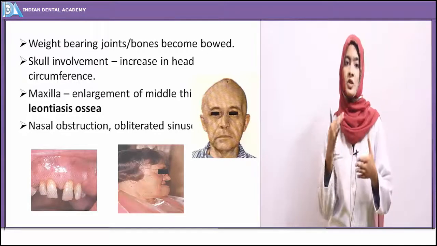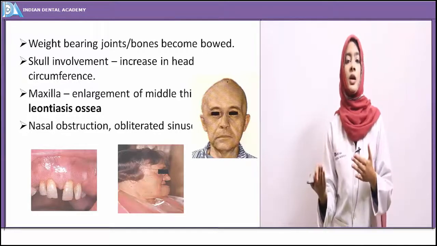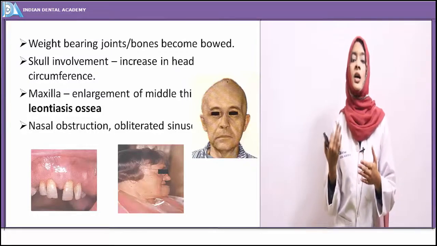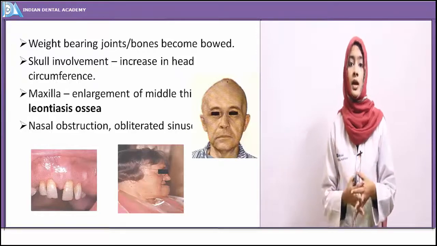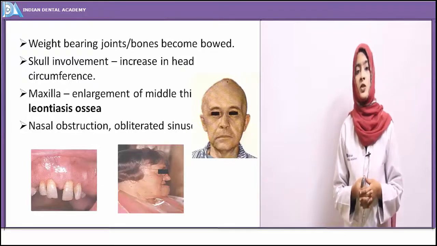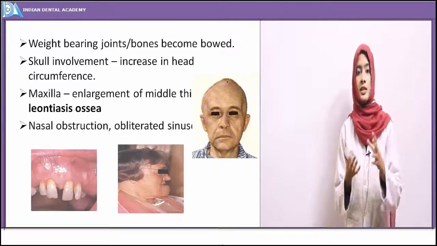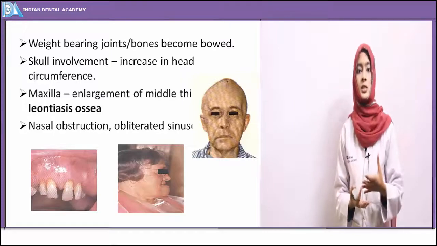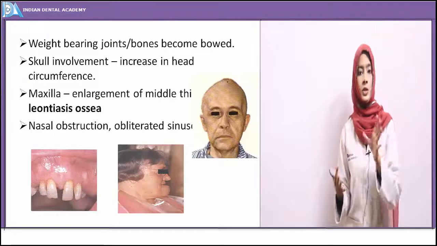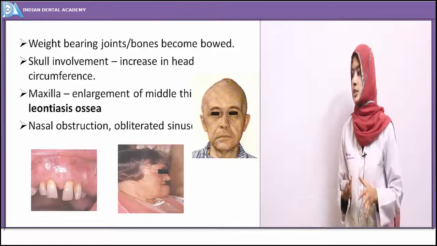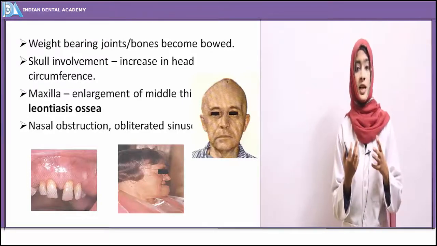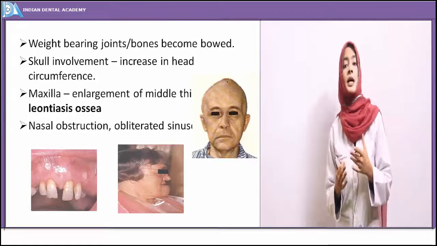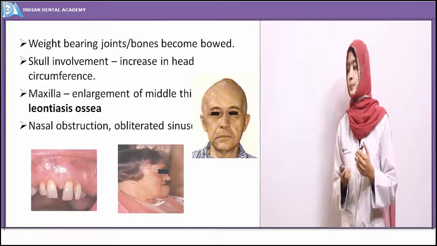Actually it is a term applied for fibrous dysplasia, because the patient shows such a progressive enlargement of the face that he gives a lion-like appearance. Here also the term Leontiasis ossea has been used, and the sinuses are obliterated and nasal obstruction is seen.